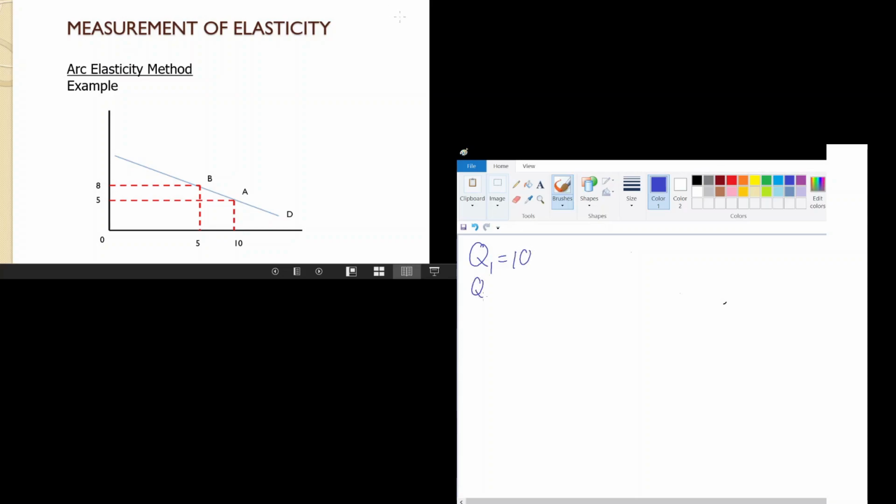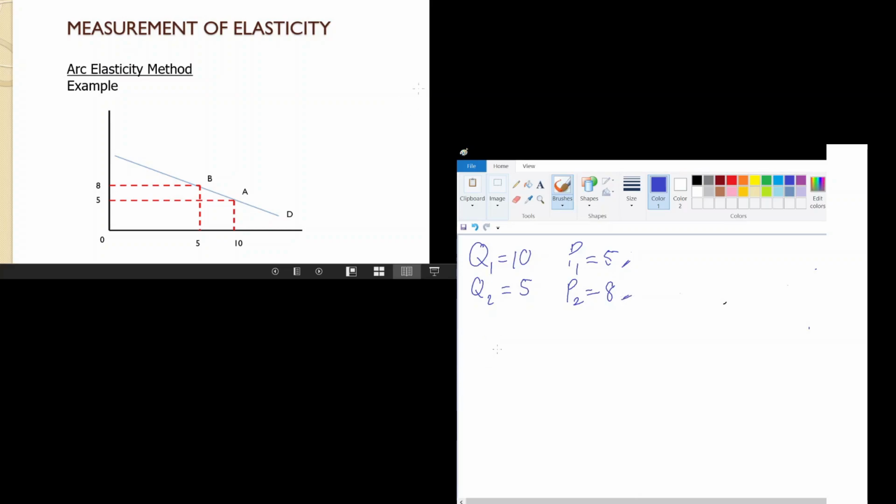And then, Q sub 2 is 5. Ito, galing siya dun sa point B, yung 5. Yung 10, galing siya sa A. Okay, and then we have P1 equals, so yung A natin, meron siyang price equal to 5. And then yung P2 natin, so yung price ni B is 8. Okay, so Q1 is 10, Q2 is 5, and then P1 is 5, P2 is 8.